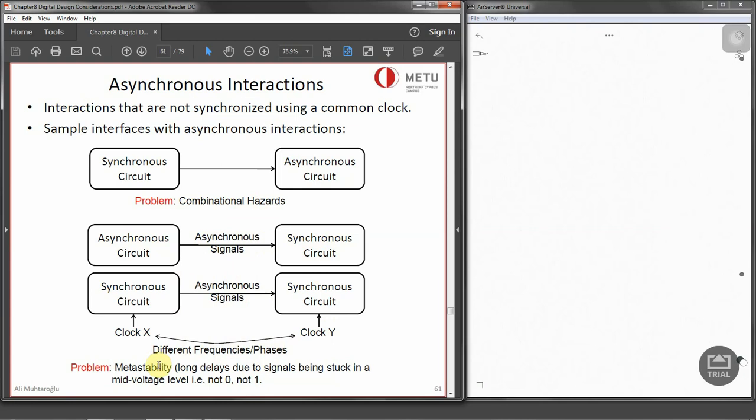Metastability is when an output or signal stays between 0 and 1 for a long time. So it's not a valid logic level 0 or valid logic level 1, it's in between, and we call it metastable circuitry, and we have to be careful over there.